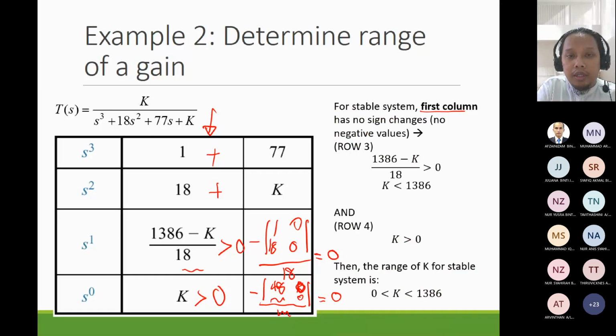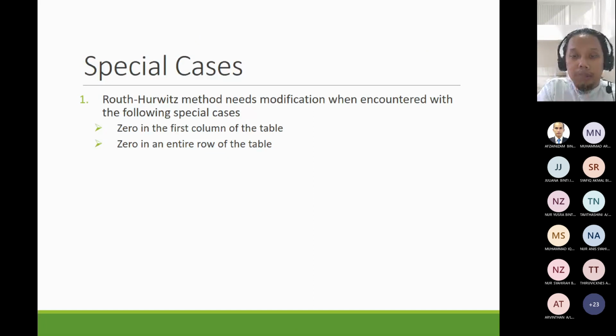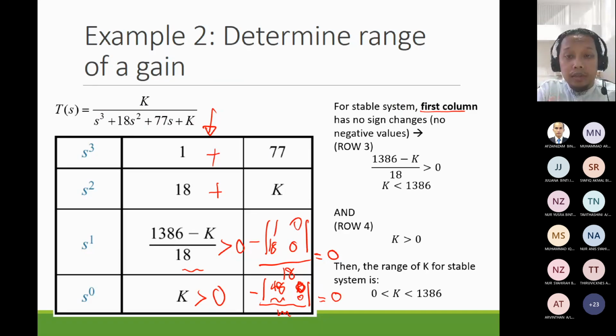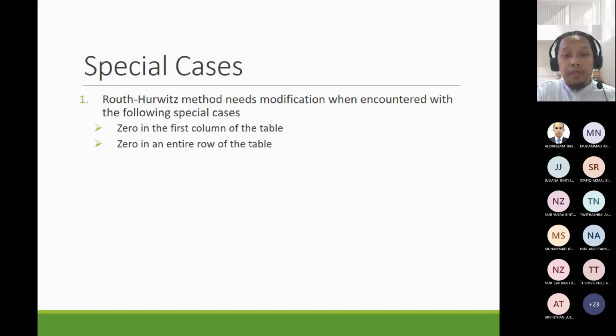And on Wednesday, we are going to look at how to apply the Routh criteria for special cases. Okay, so I hope you understand the concept. Maybe not fully yet today, but you can try to follow the exercise later in your lecture notes. Then on Wednesday, we look at special cases, and maybe after Raya, we will discuss the tutorial.